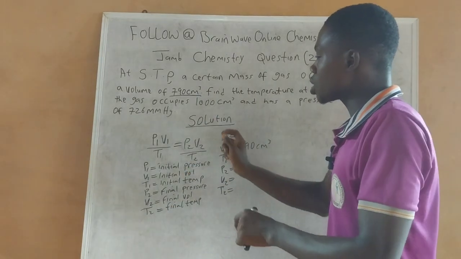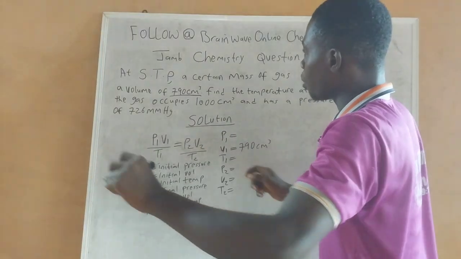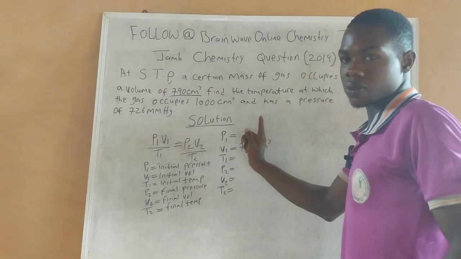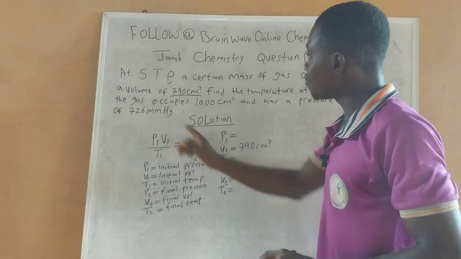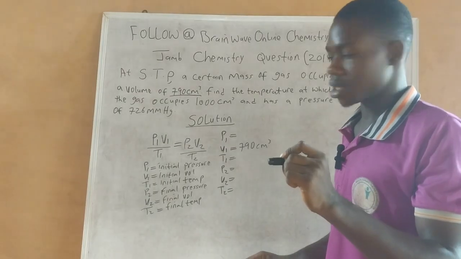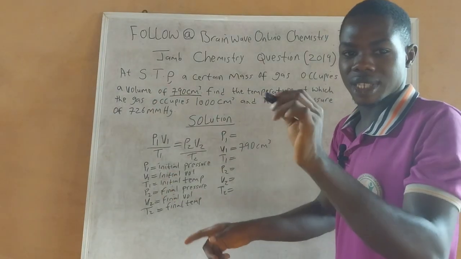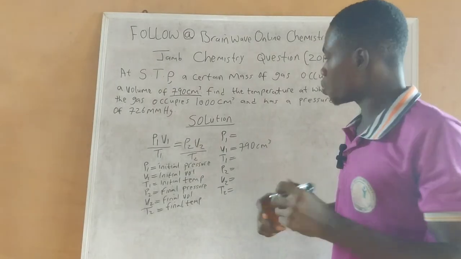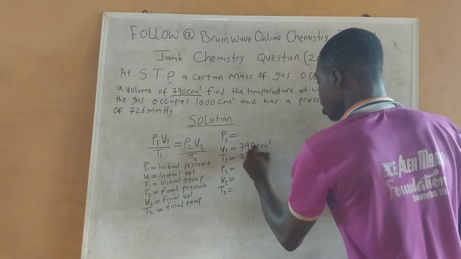Now, please take note that the value for standard temperature is 273 Kelvin. So this standard temperature, which is 273 Kelvin, happens to be our initial temperature, which is our T1. So, T1 equals 273 Kelvin.